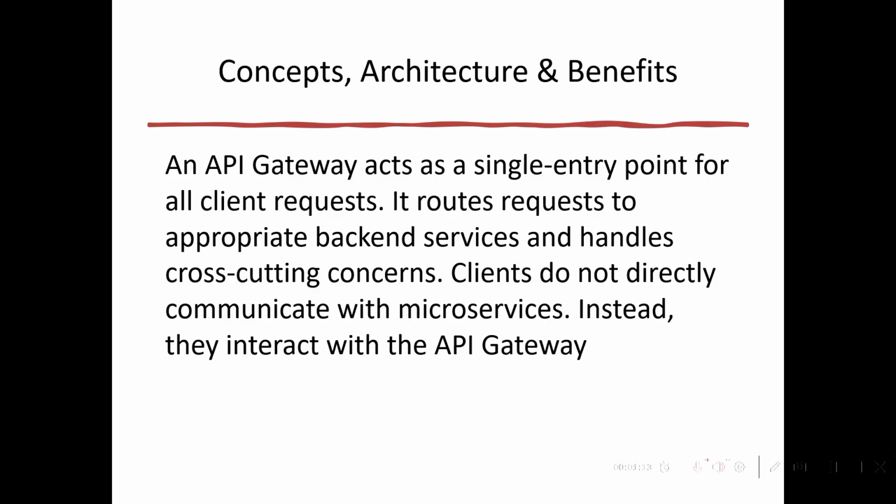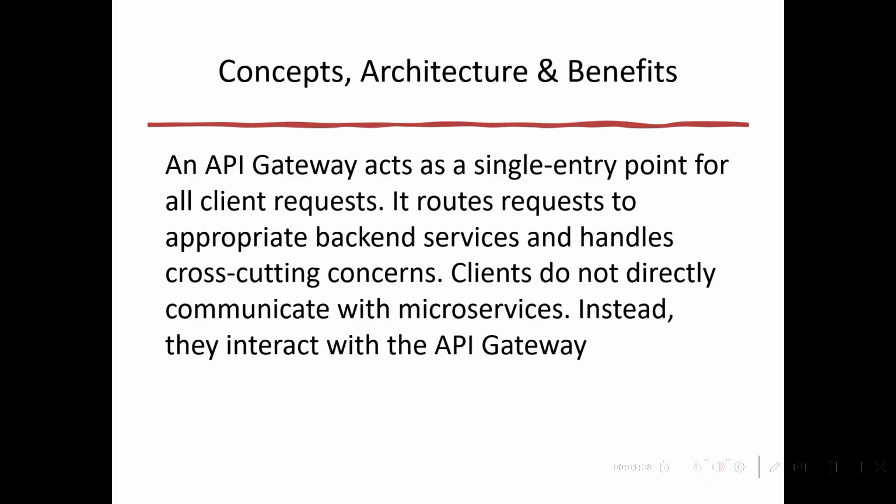Apart from that, suppose the payment service is using JWT token authentication, and let's say the invoice service is using API key authentication. In that way, the client application has to implement all the different types of authentication and authorization mechanisms that each microservice is using.